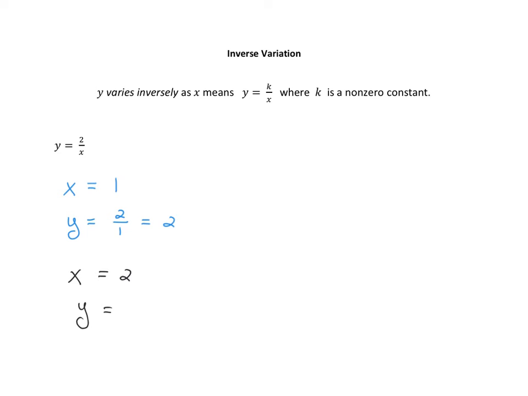Here, it's going to be 2 divided by 2, which is 1. So here, as x goes up, the y values are going down. And that's what we mean by inverse. When we had direct variation, as one variable increases, so does the other. Here, as one goes up, the other goes down.